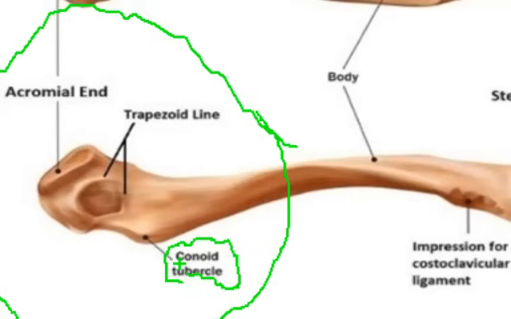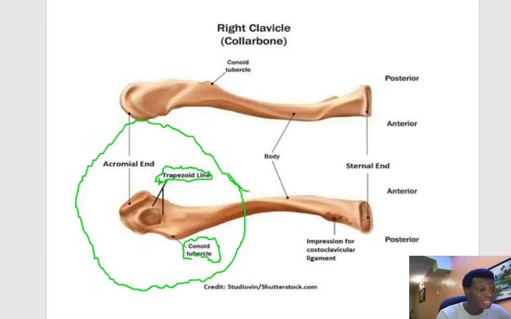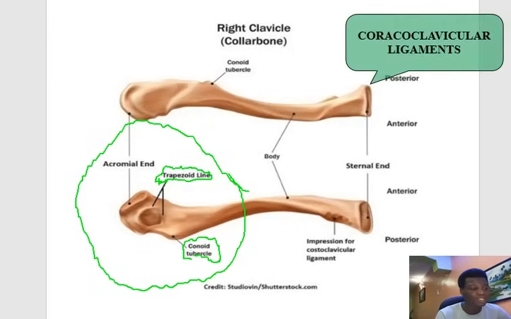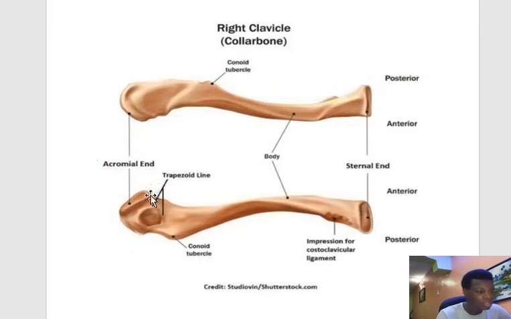There is a conoid tubercle right there, and then there is the trapezoid line right there. The coracoclavicular ligaments insert to these important tubercles. So don't forget it is on the lateral part. You can see it again: flattened end, acromion end, and the quadrangular end, which is the sternal end.